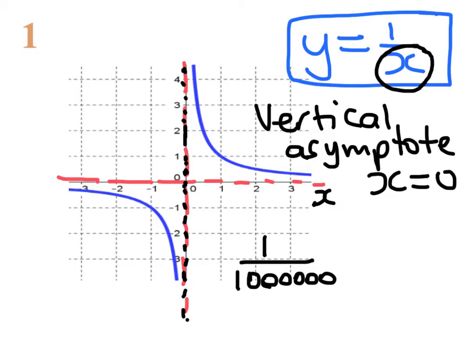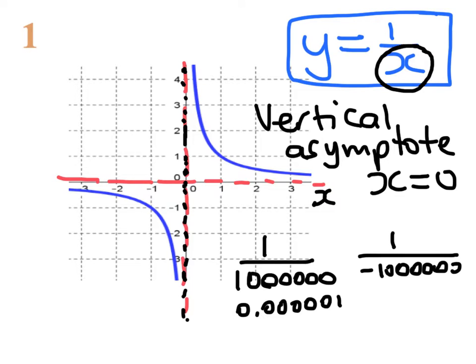No matter how big that bottom number is, y will never hit 0. And the same thing if I do a really enormously negative number. It'll be lower than 0, so the positive one will be 0.00001, and this will be negative 0.00001, but it will never touch 0, so that gives me this horizontal asymptote.